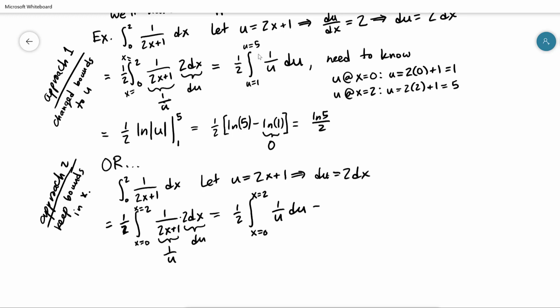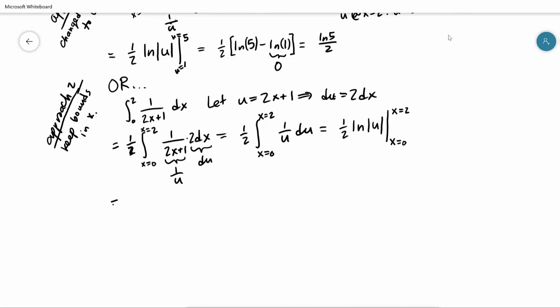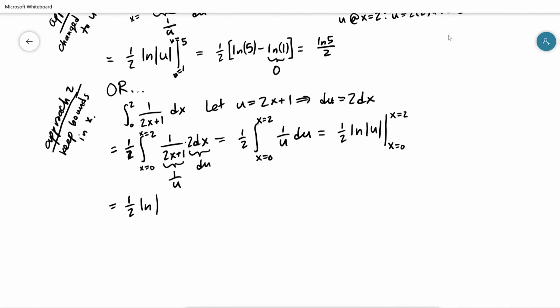So the result is 1/2 times the natural log of the absolute value of u, evaluated between x equals 0 and x equals 2. It looks exactly like what we got here, but in this case these bounds were in terms of u, and down here these bounds are in terms of x. So I need to rewrite this whole thing in terms of x. This is equivalent to 1/2 the natural log of the absolute value of, well, what was u? u was 2x plus 1.